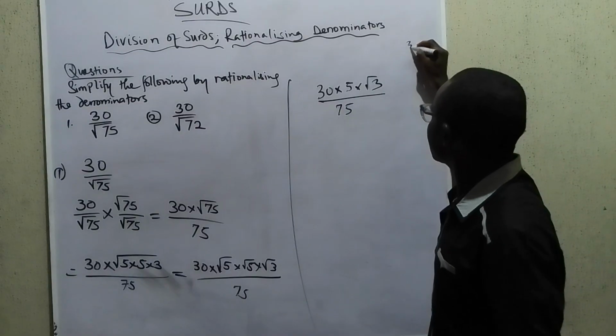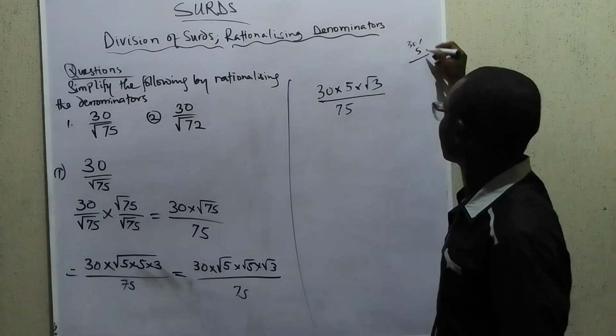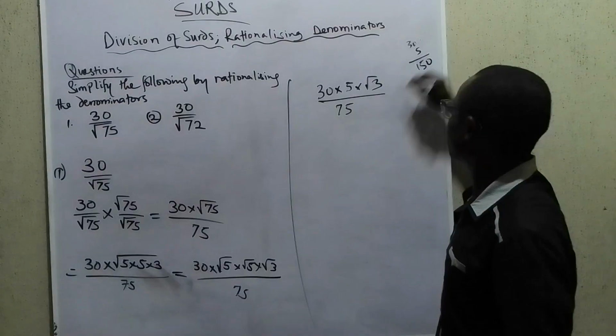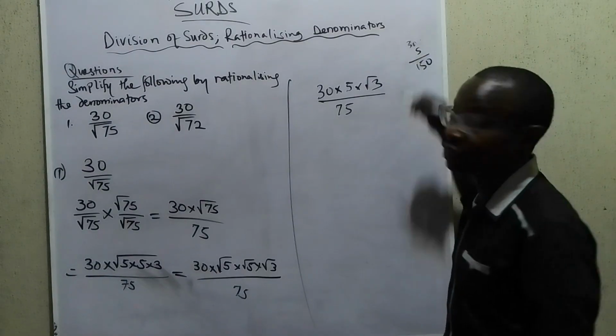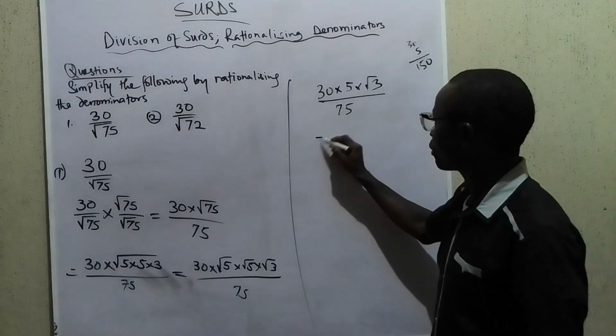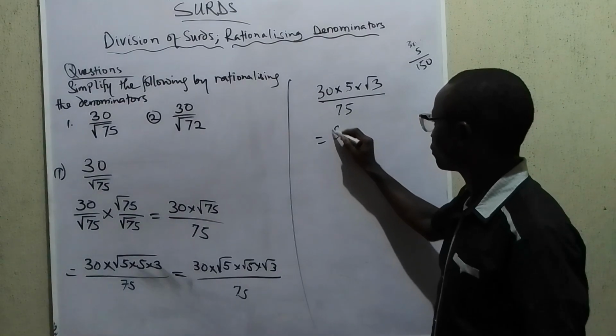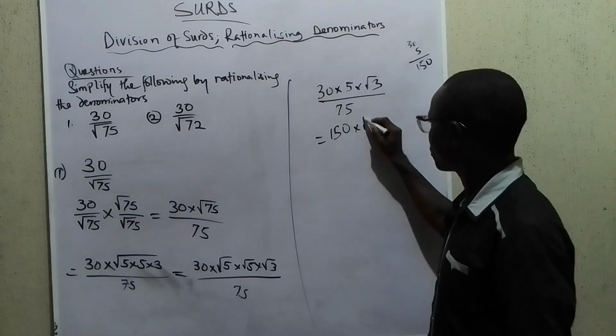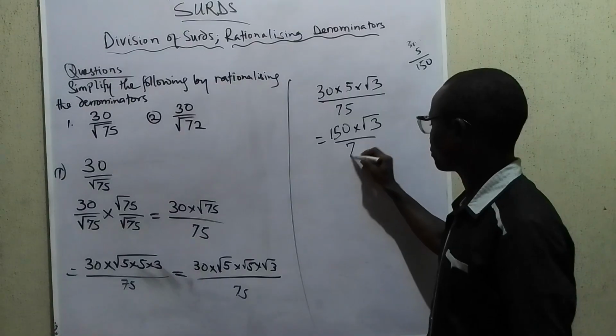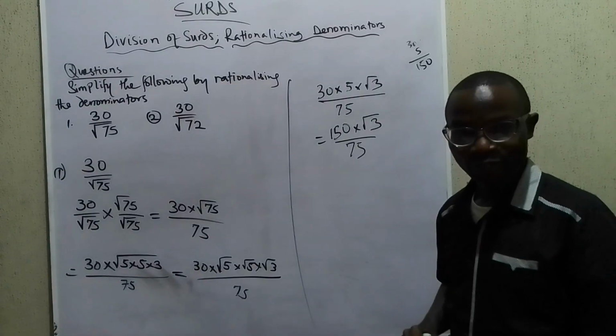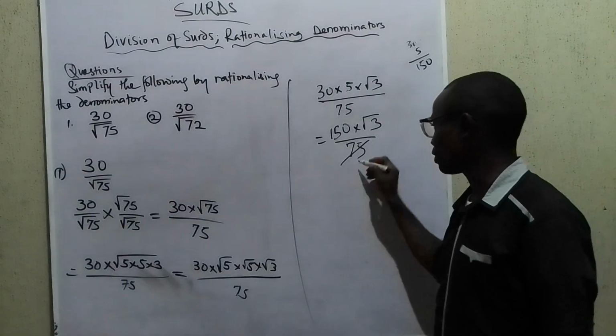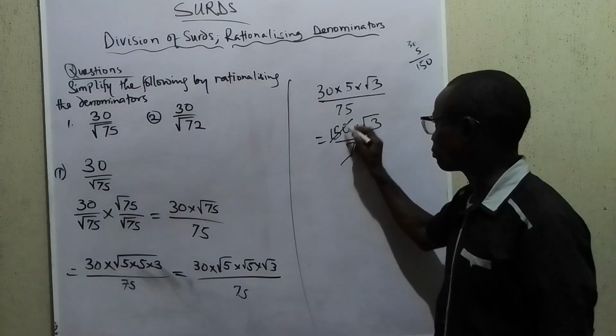Okay, let's go that way. What is 30 times 5? 30 times 5 is 150. So what we have is 150 times root 3 all over 75. Have you seen something clearly? 75 goes into 150 two times.